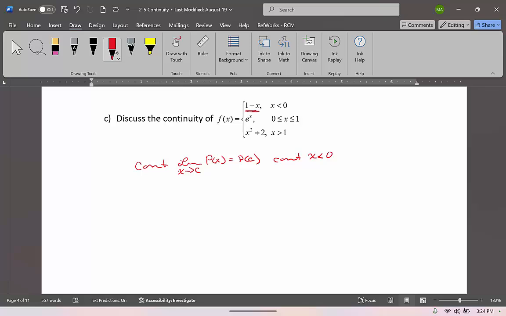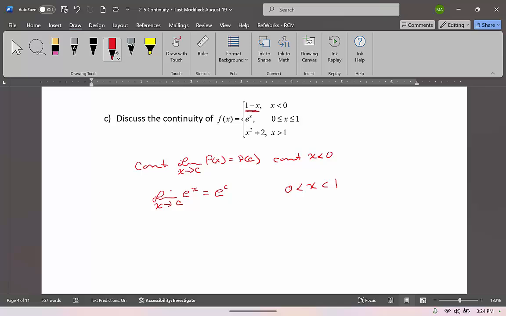And if we're between 0 and 1, not inclusive, we know that e to the x is a continuous function. So the limit as x approaches c for any point on this interval of e to the x is simply going to be e to the c, okay?